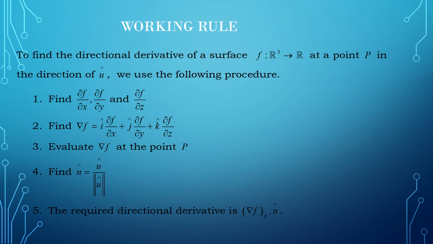If we observe, this n cap is a unit vector and the direction of n cap and u cap are the same. Now, to find the directional derivative of a given scalar field f at a given point P in the direction of a given vector u cap, we find del f at P dot n cap.